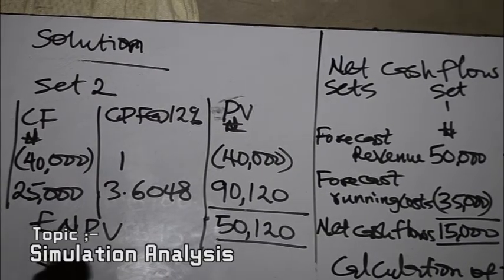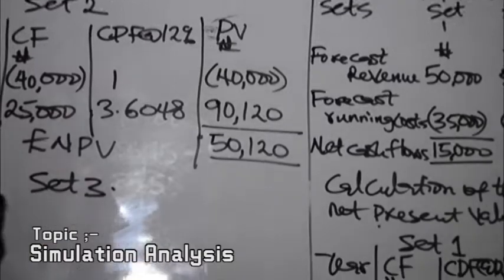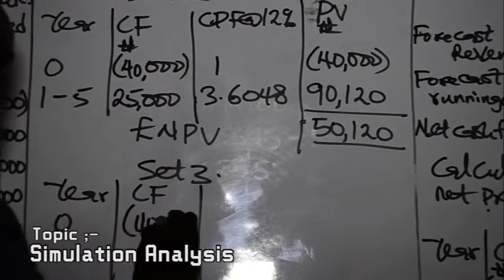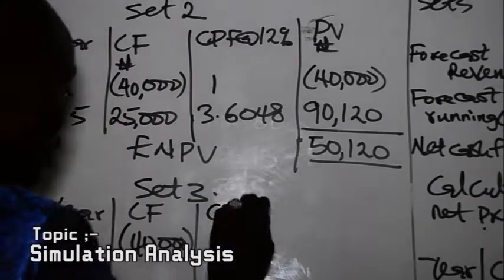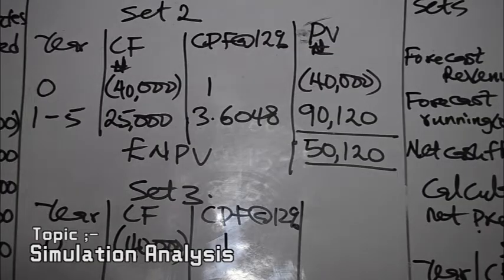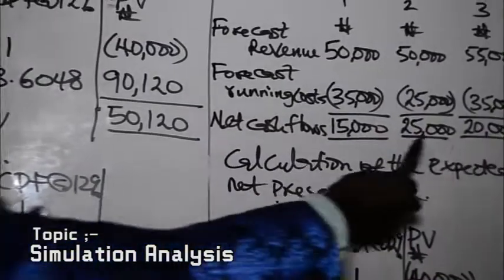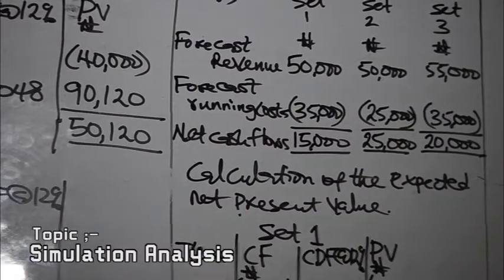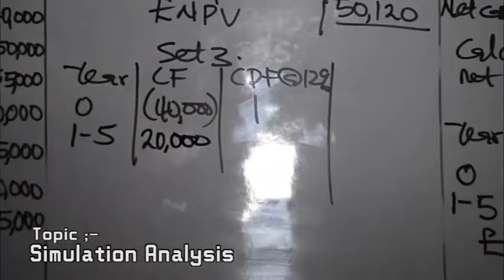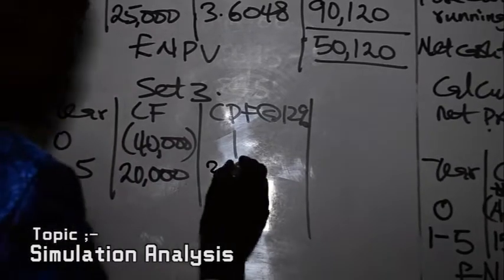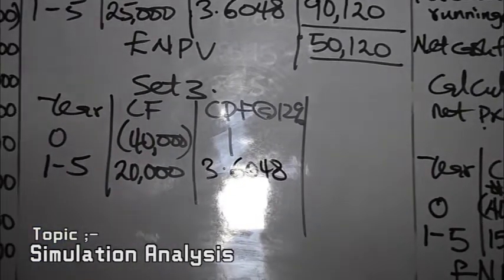Then we also have set 3. Year 0, the outlay still remains 40,000, with a discount factor of 1. For year 1 to 5, the net cash flow for set 3 is 20,000 naira, and the cumulative discount factor is still 3.6048 as calculated earlier.